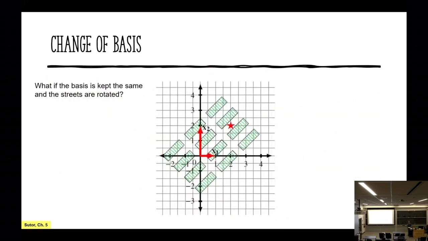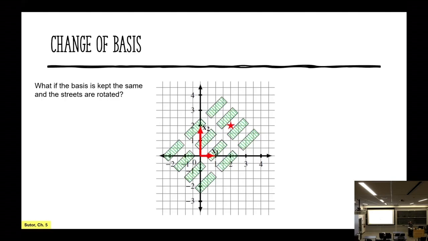But things don't work out so well if my city happens to be laid out at an angle instead of in a nice north, south, east, west orientation. In general, cities are laid out based on random history and how they developed over time, so it's not actually that typical, except in modern cities, for them to be laid out in a nice grid.